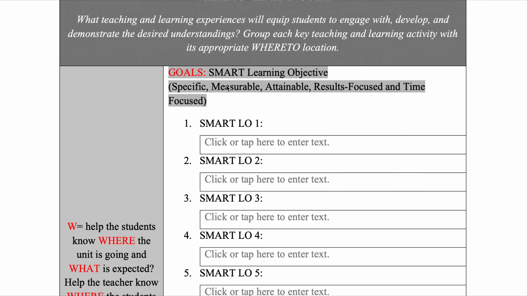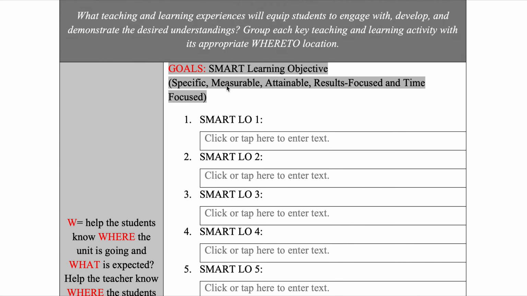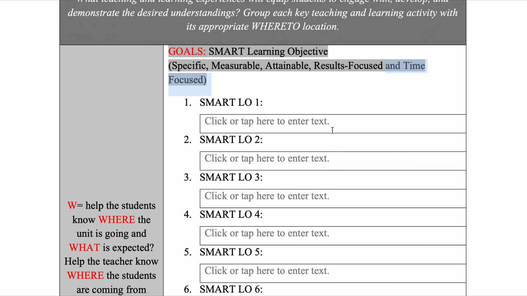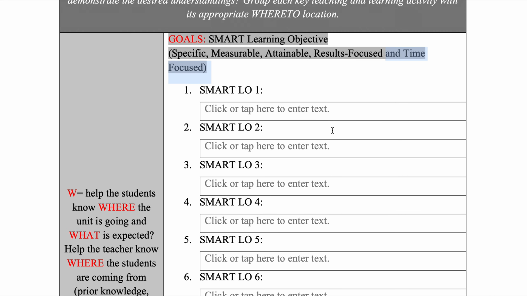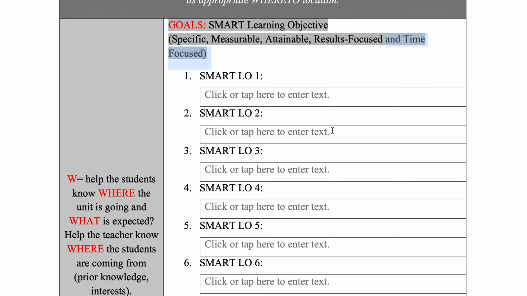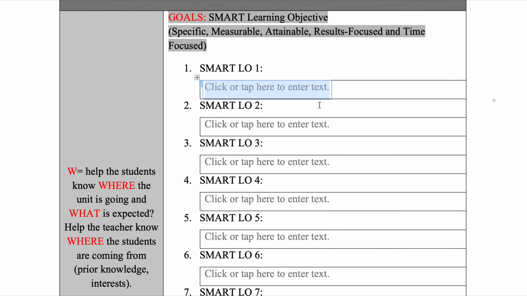So you will start off with your SMART learning objectives. These learning objectives should be specific, measurable, attainable, result focused, and time focused. Now you might have one SMART learning objective, or you might have multiple learning objectives, and that's where you will implement them in this section.